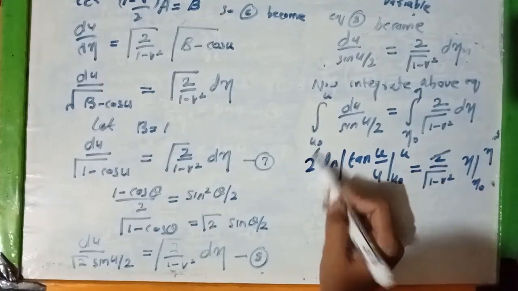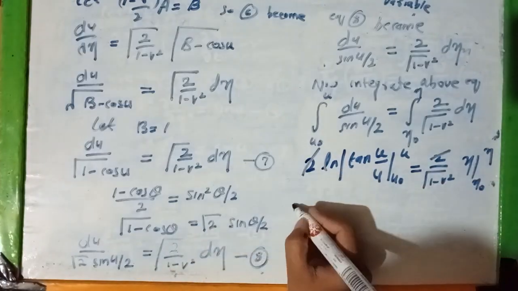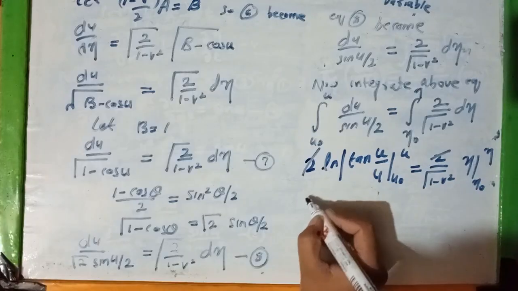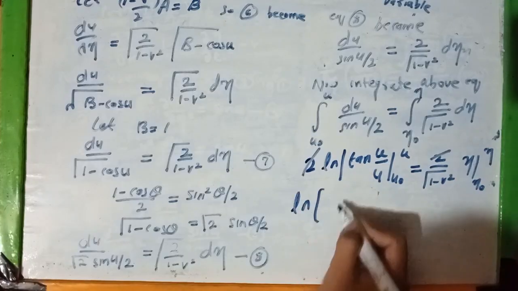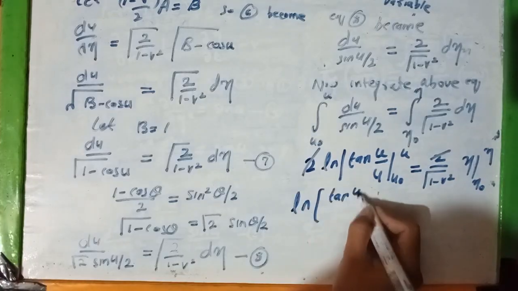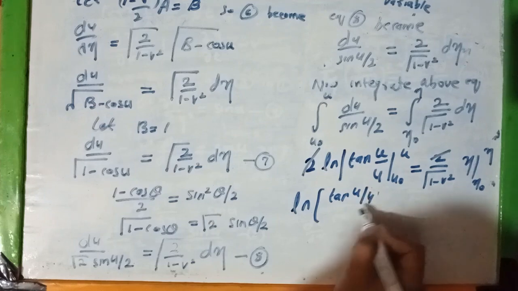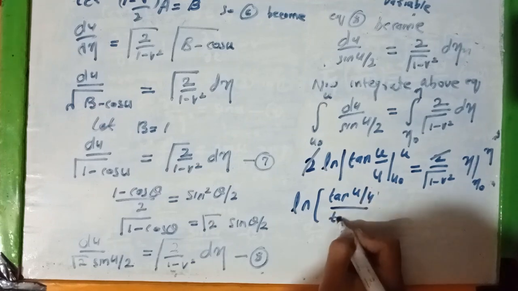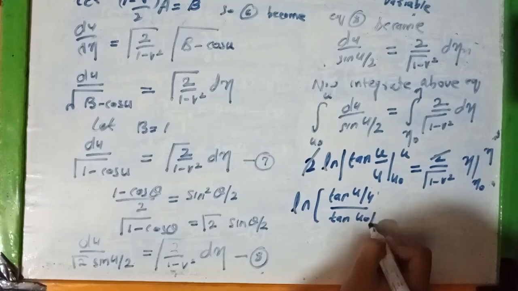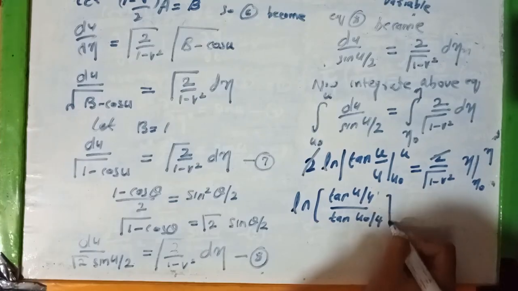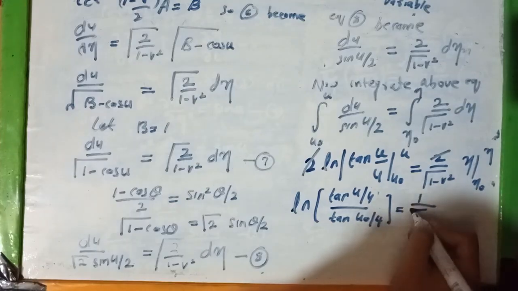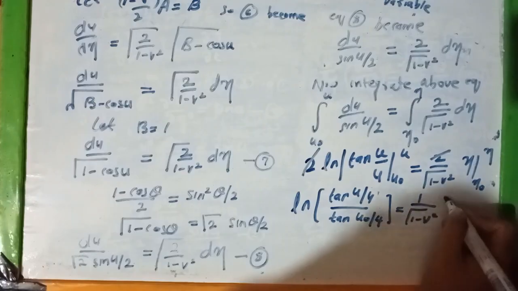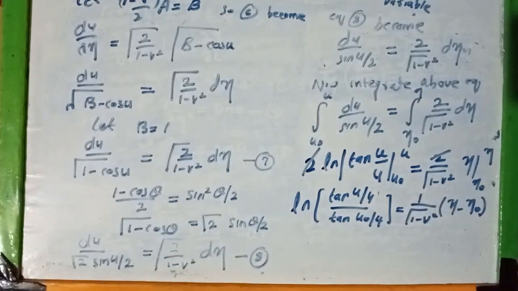So this 2 and this 2 cancel out. So this becomes ln of tan(u/4) over tan(u₀/4) is equal to 1 over the square root of (1 − v²) times (η − η₀).